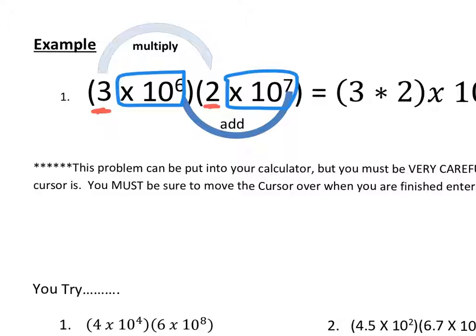Because all scientific notation is some number times 10 with an exponent, right? Do we agree with that statement? If it's in scientific notation, you know it's going to be some number times 10 with some sort of exponent. Okay? You with me so far?